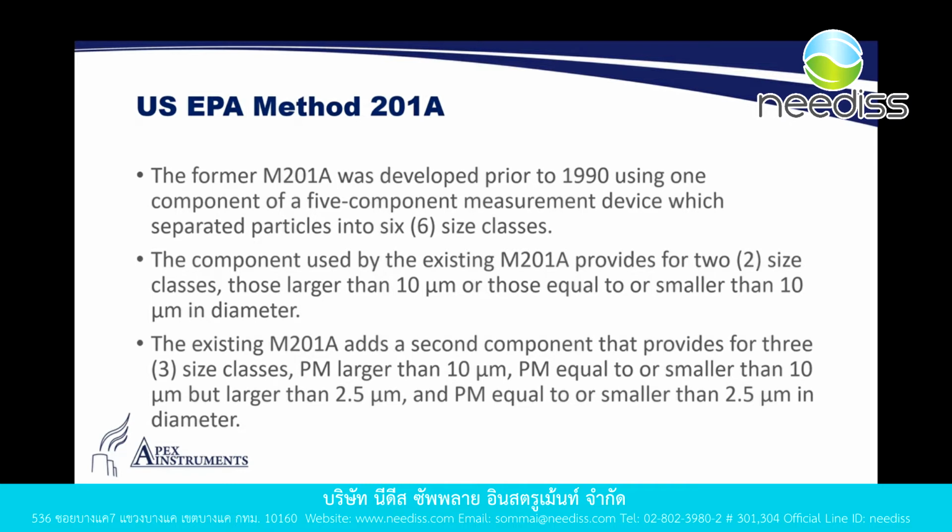So you can first do a PM10 capture, particulate larger than PM10. In the second stage, you can capture everything between 10 and 2.5 microns. And then finally, in the last stage, you can capture everything smaller than PM2.5. So in effect, you're actually doing maybe 3 tests in one, which can be very valuable data to maybe the reporting government or your customer for whom you're doing the test as well.